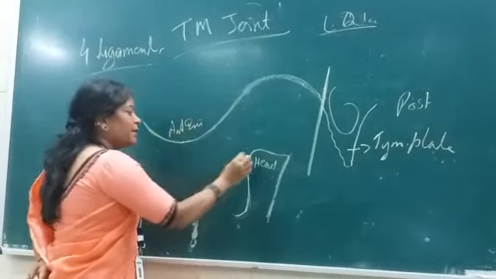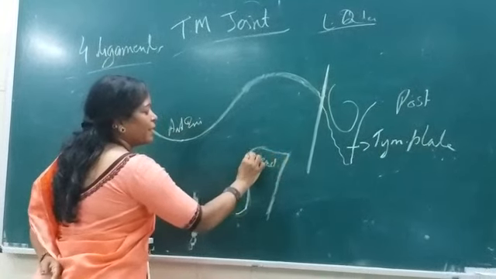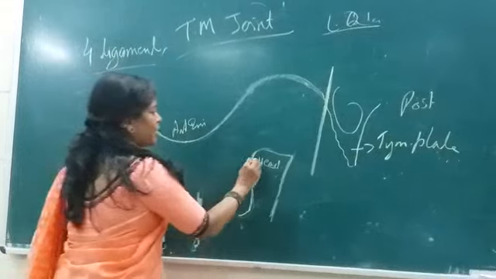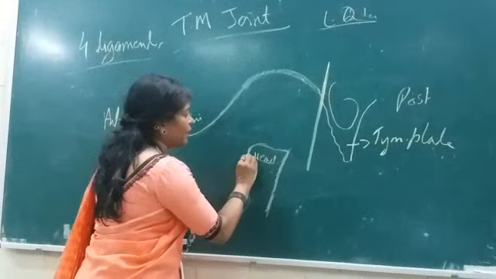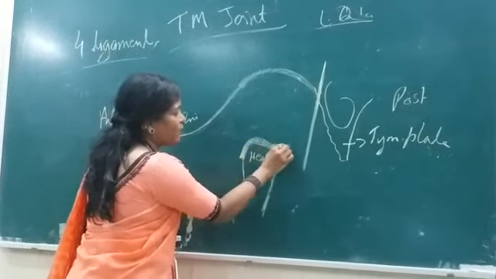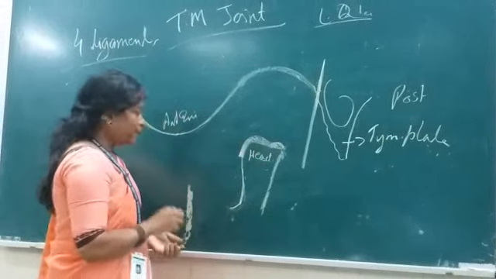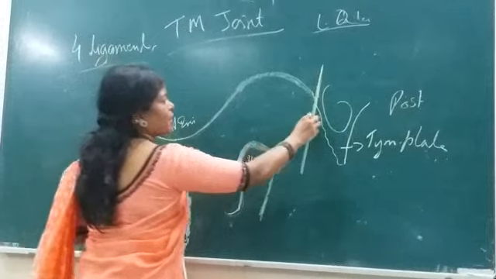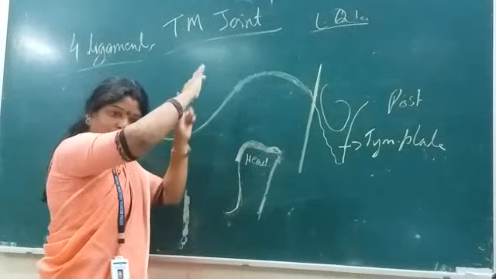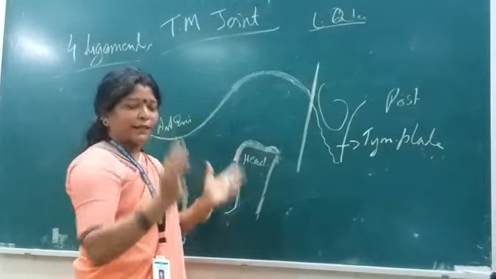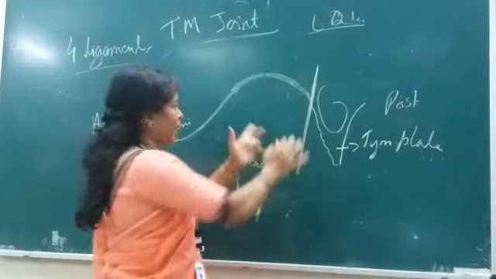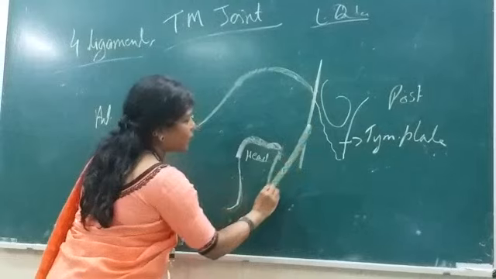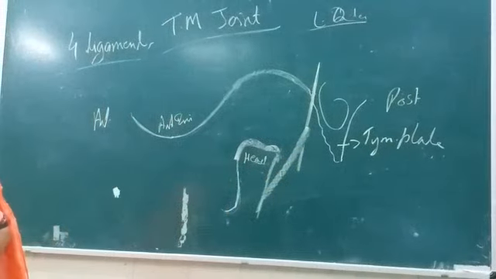This head of the mandible is lined by which cartilage? Instead of being lined by hyaline cartilage, it is lined by fibrocartilage. Now, the whole of this joint cavity is closed inside a sac-like structure, which is the capsule, known as the fibrous capsule.